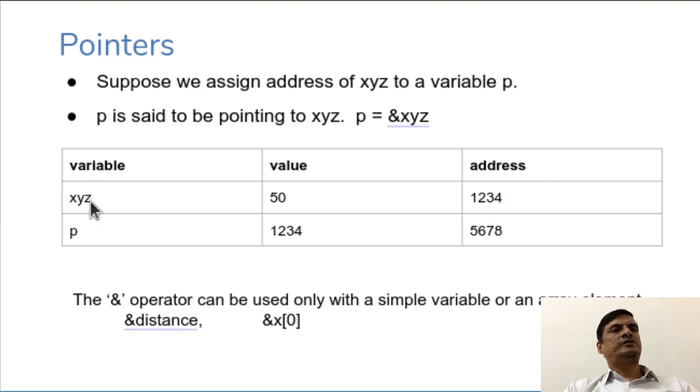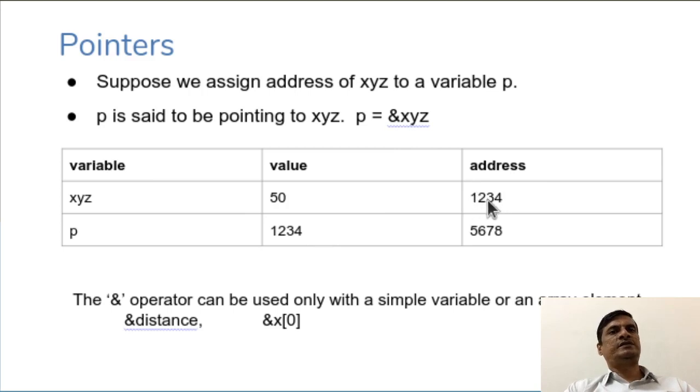As I earlier explained, xyz is a named entity or a variable which holds the value of 50, and it is going to be stored at the address of, say, 1, 2, 3, 4. And p is a pointer variable which is going to hold the address, so ampersand indicates the address of xyz. Xyz is the named entity which has the address. Now p is a pointer variable which is going to store the address of xyz.